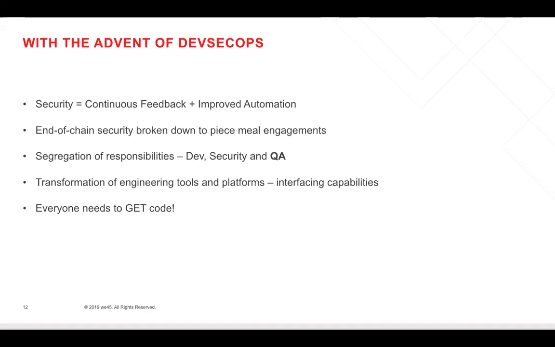And one of the other things that DevSecOps has finally forced in terms of change is that everybody needs to get code. There was a point in time where security folks were getting by doing what they were doing without really needing to understand code. But with the whole congregation of security, QA, DevOps, SaaS, and Dev coming together, everybody needs to get code.